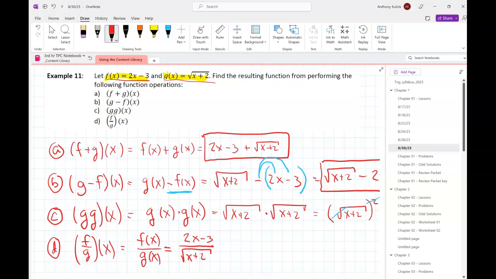Is everybody okay here? Next step would be to simplify this. Is there any simplifying I want to do?